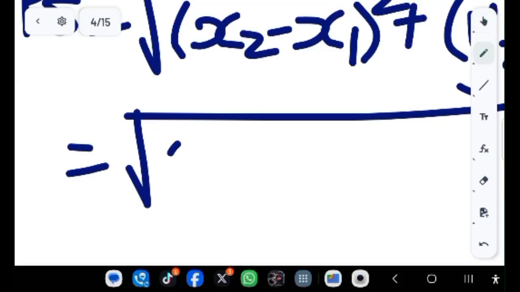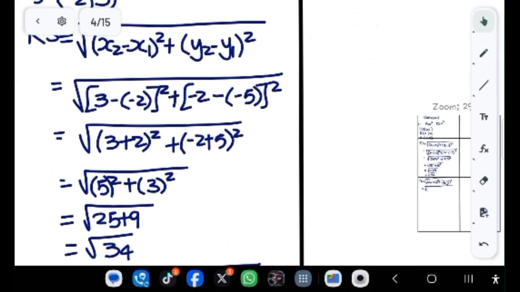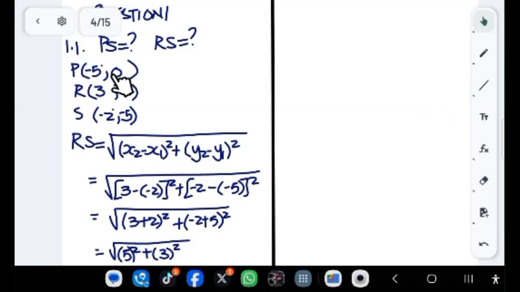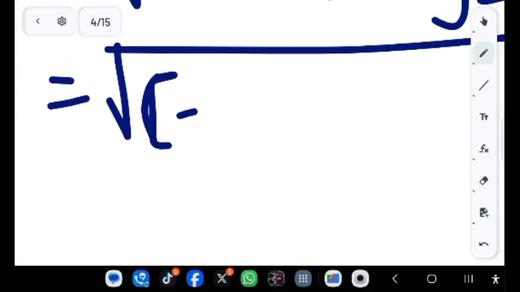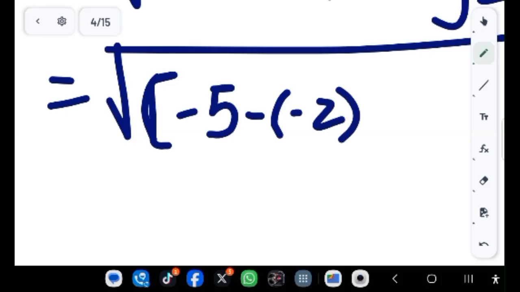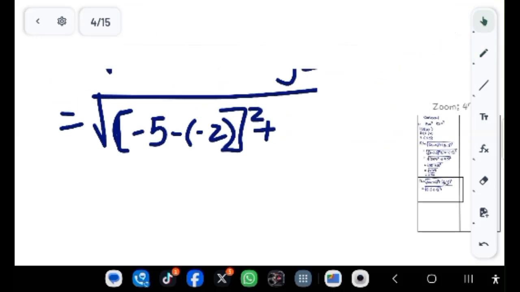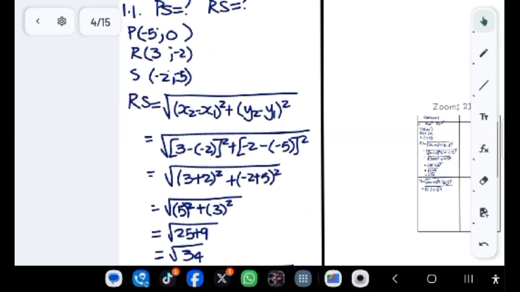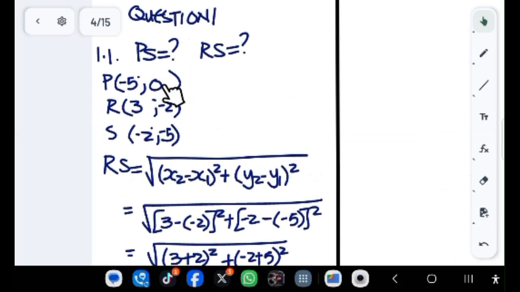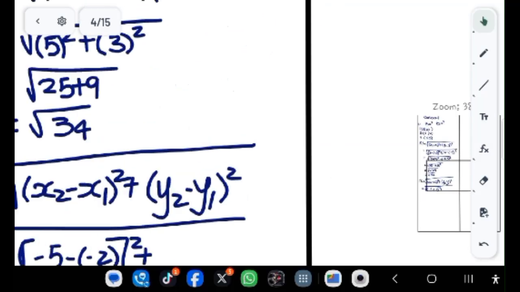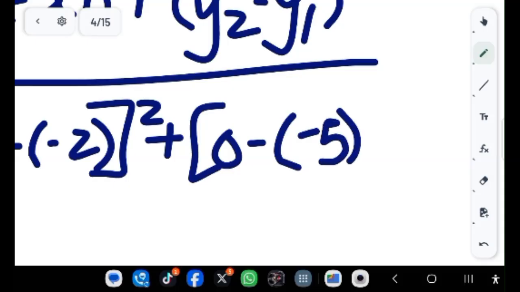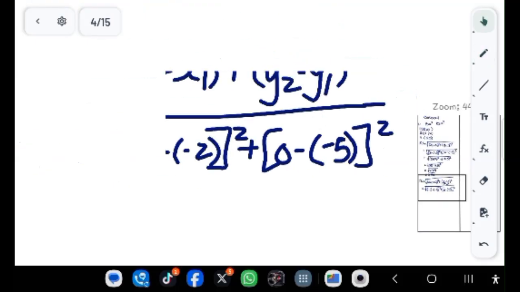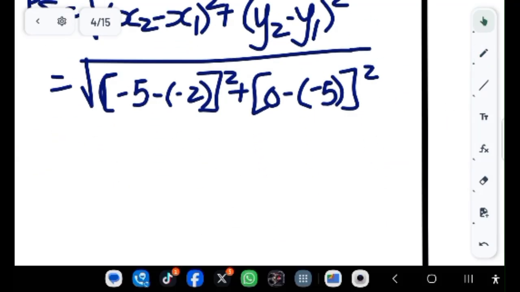PS will be negative 5 minus negative 2, all squared, plus, and then the y's will be 0 minus negative 5, all squared. Let's take out a calculator.